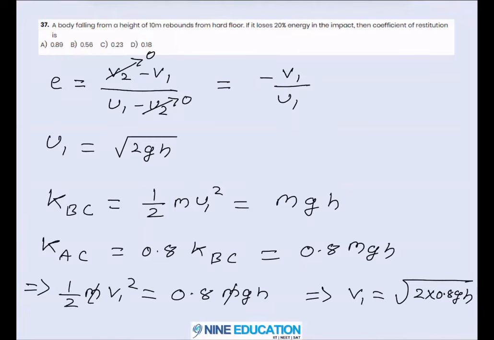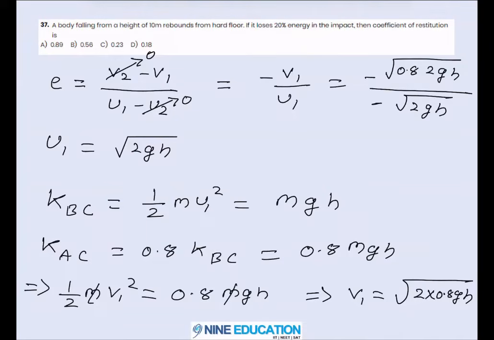That is our v1. Now finally we can calculate our coefficient of restitution. That will be minus v1, which is root over of 0.8 into 2gh, divided by u1, which is root over of 2gh. Correct? Now there will be a slight change in this equation. As U1 is in the negative direction, because the initial velocity is in the downward direction, I have to use a minus sign over here.